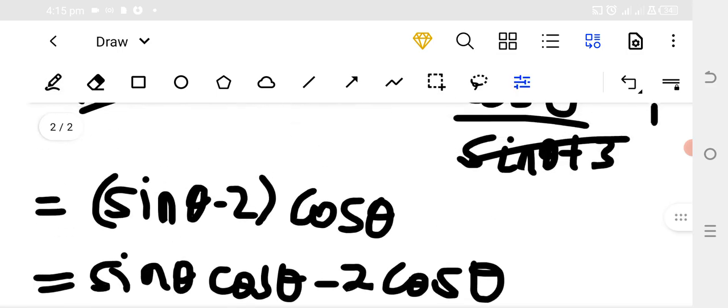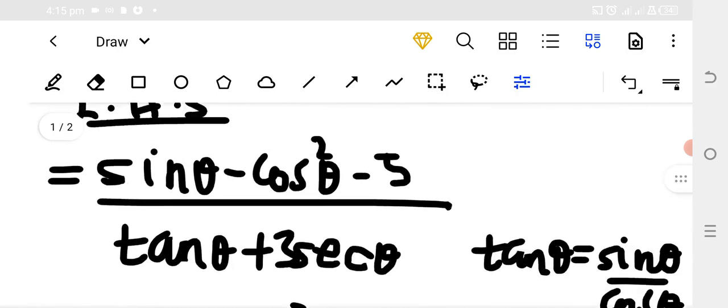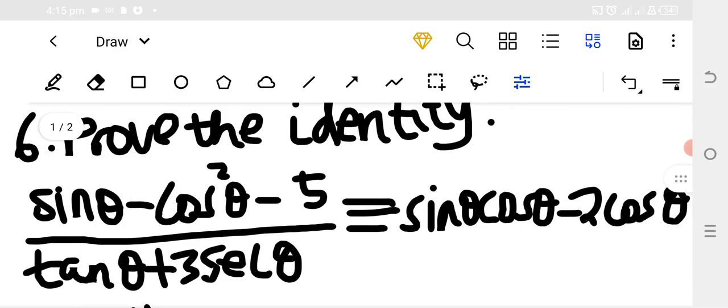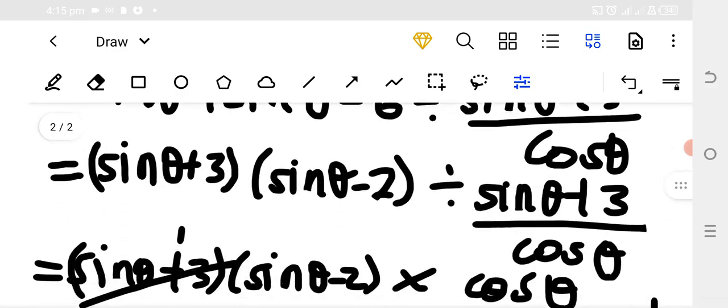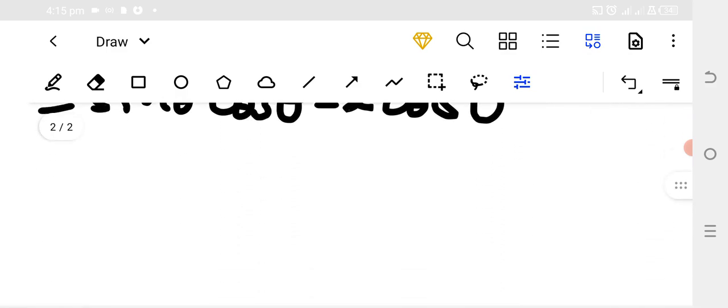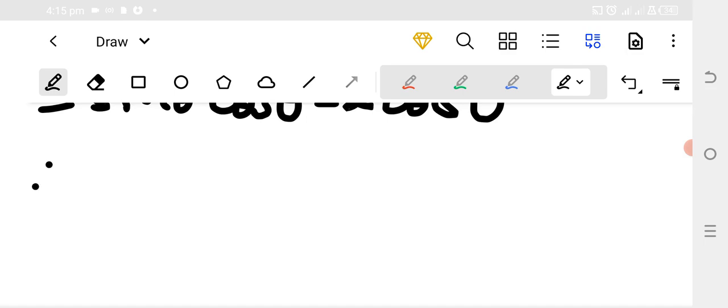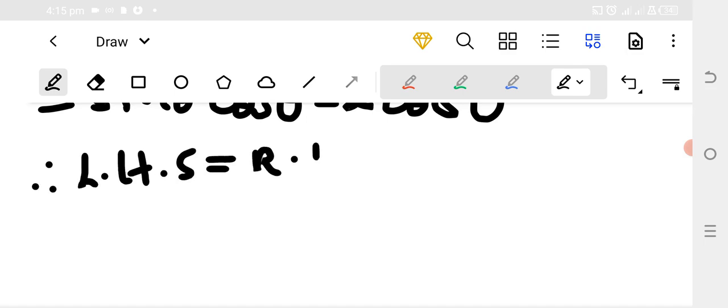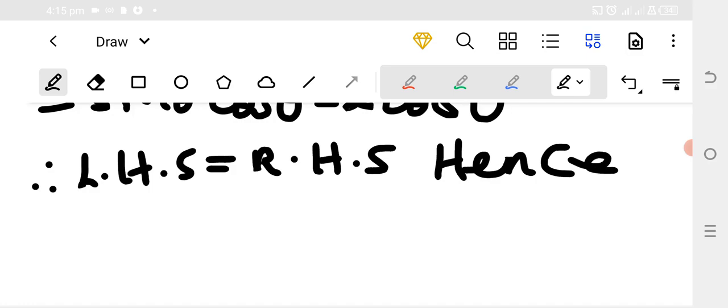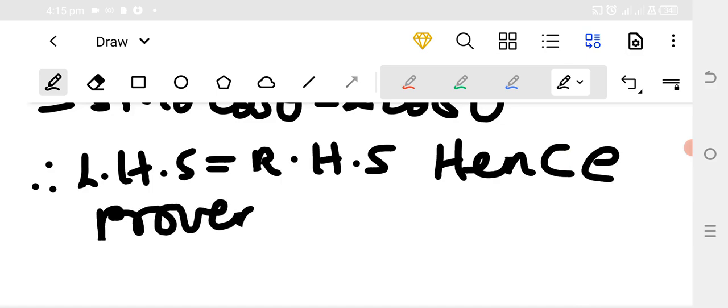And if you look at our right hand side, it was sine theta cos theta minus 2 cos theta. So I've simplified it in such a manner. Therefore left hand side is equal to right hand side, hence proven.